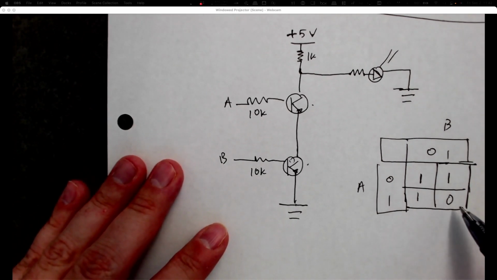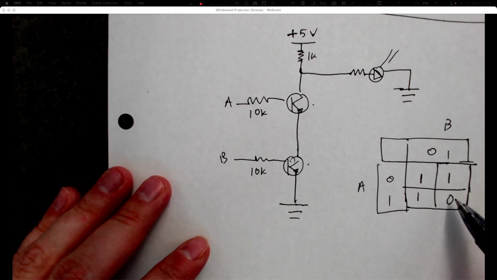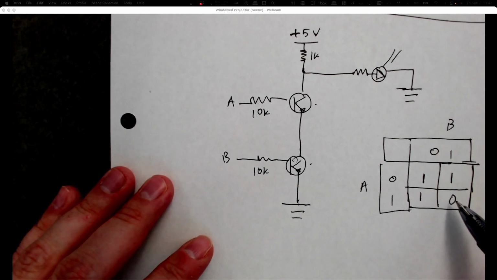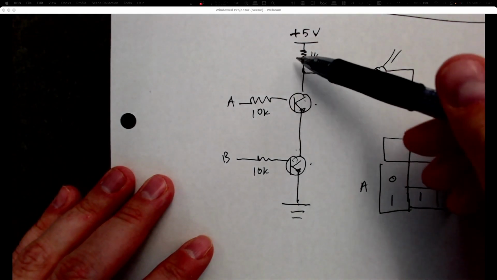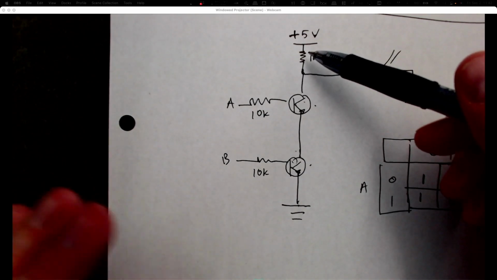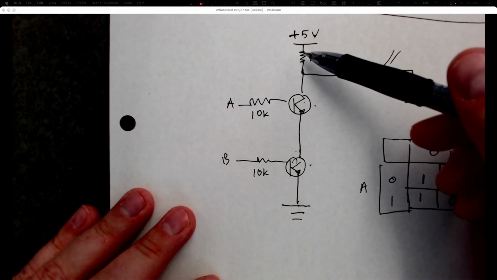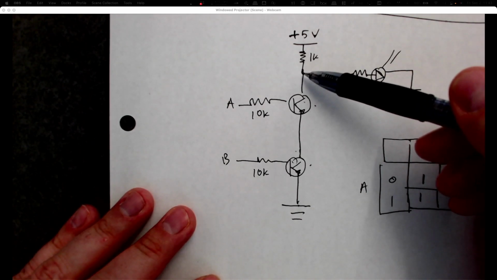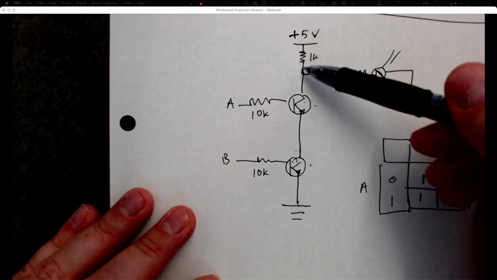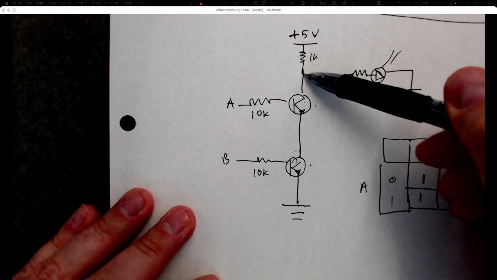So the last one is, why is this far right entry a 0? Because if both doors are open, think about it. It doesn't really work this way, but say I'm a charge carrier. I go through this resistor and I come to this junction.